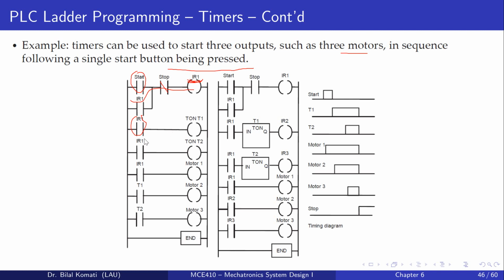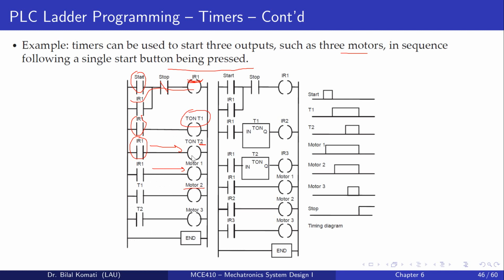Here we can also control using the other timer T2, which is also an on delay, so we can also execute it when IR1 is on. Once IR1 is on, we will start motor 1 immediately. Once timer 1 is finished, we will activate motor 2.